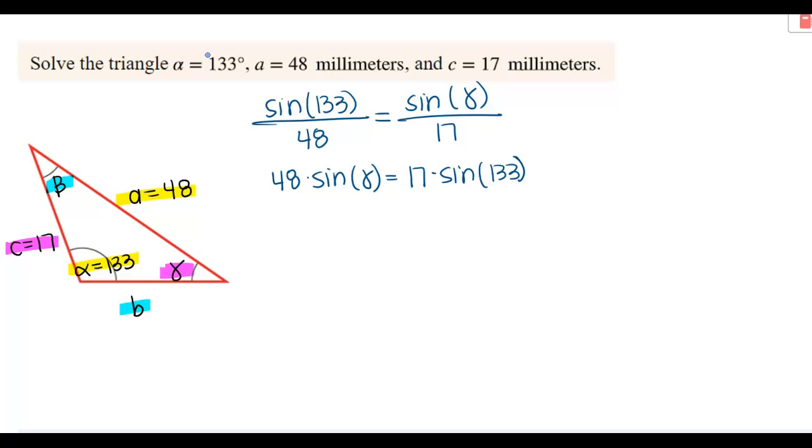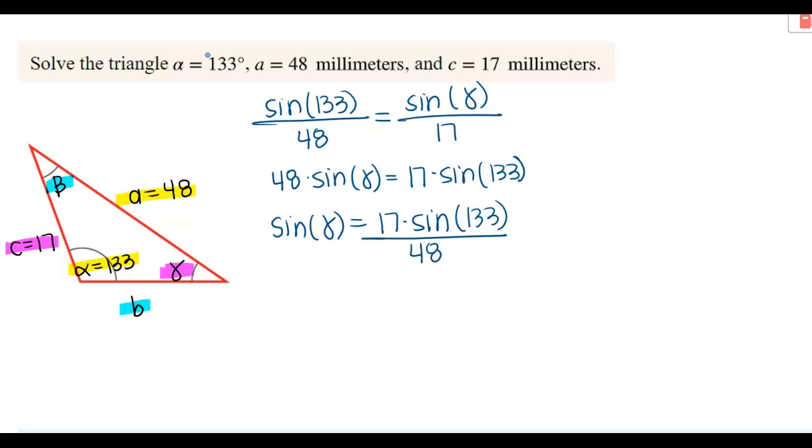Remember, an equation can be backwards like that. Again, with the cross multiplying, it can be the other way as well. So we need to get gamma by itself. The first thing we need to get rid of is the 48. So the sine of gamma is 17 times the sine of 133, all over 48.